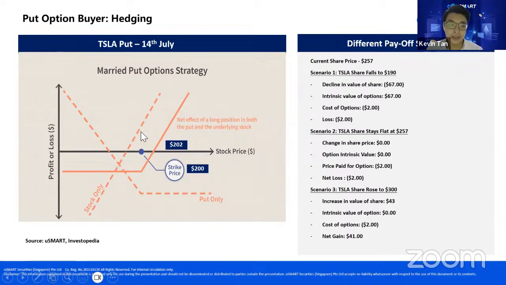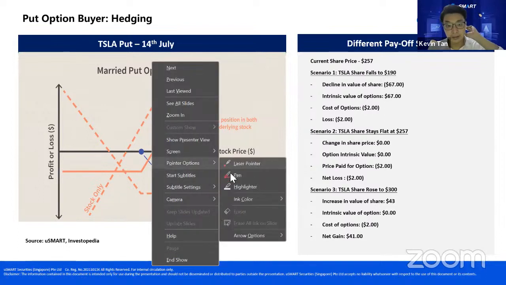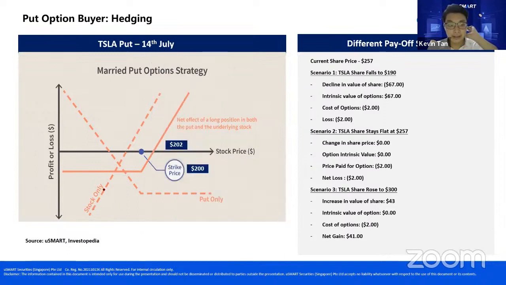The first dotted line is where the share price typically moves up and down, and your P&L corresponds accordingly. Next, if you have a put option, it stays flat.